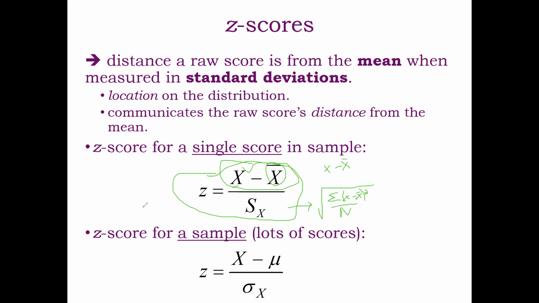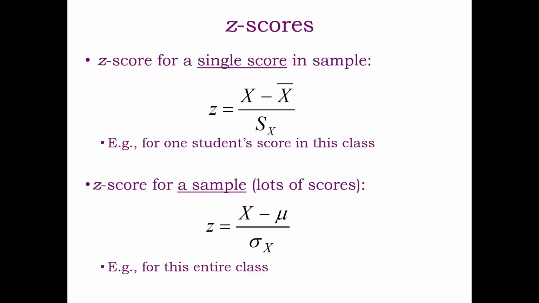Now, we can also calculate a z-score for a sample or a set of scores that we might want to compare to a population. And we'll get to this in a couple topics, right? This is very similar. It's just the mean of the sample minus the population mean divided by the population standard deviation. For this chapter, we're going to focus mostly on z-scores for a single score in a sample.